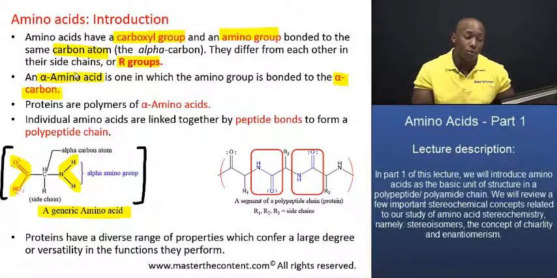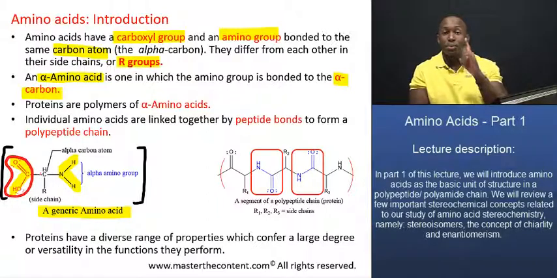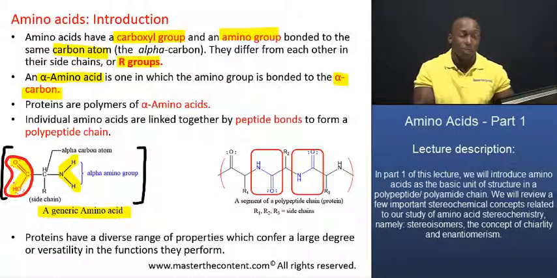In an amino acid, the highest priority functional group would be this carboxyl group right here. So the alpha position would be the position first removed from that functional group, which would be this carbon right here. That is the alpha position, and this carbon is referred to as the alpha carbon.